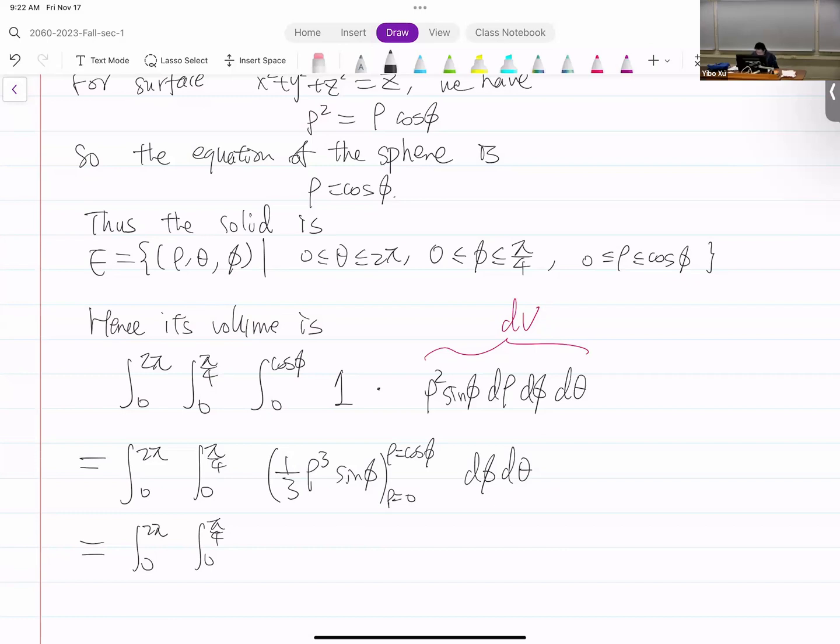When rho is 0, you are not really getting anything. So this is 1/3 cosine cubed phi sine phi.